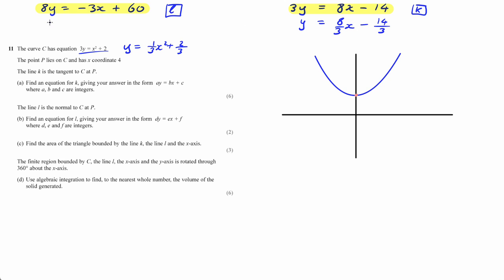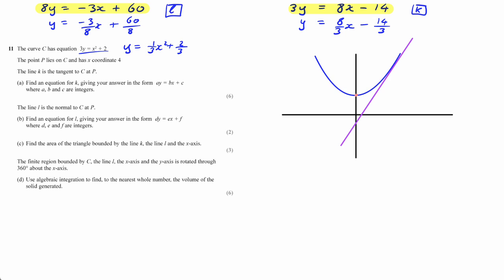And this is minus 3 over 8 x plus 60 over 8. So this is going to have a minimum there. Let me try and draw this in a way that makes some sense. It crosses the y-axis at negative 14 over 3, so down here somewhere.